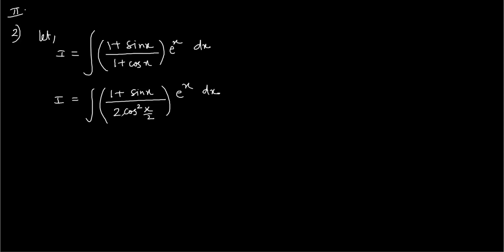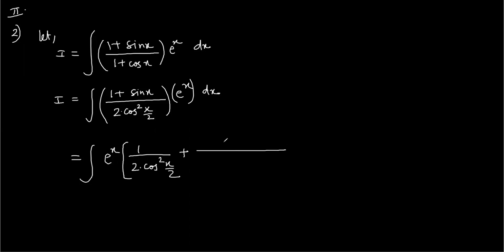The next step, what I do is I separate this denominator. Let me also write e raised to x in the beginning. So I have e raised to x, and see here I separate the denominator. So this is 1 upon 2 cos square x by 2 plus sin x upon 2 cos square x by 2.